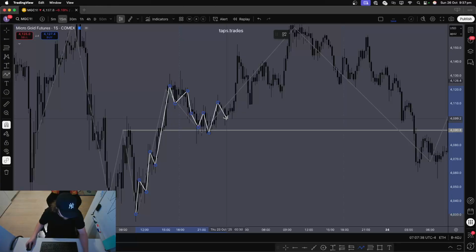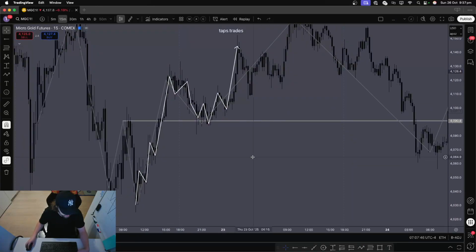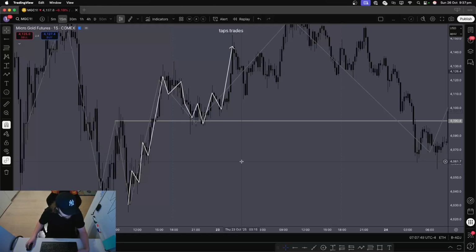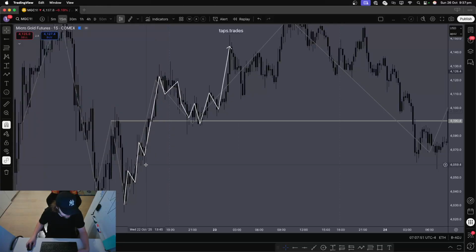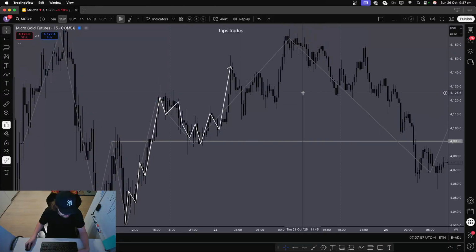We create a higher low, and now a higher high. So does that make sense? I hope it does. The white line is the internal structure and the grey line is the external structure.